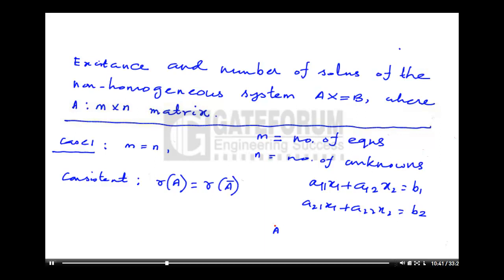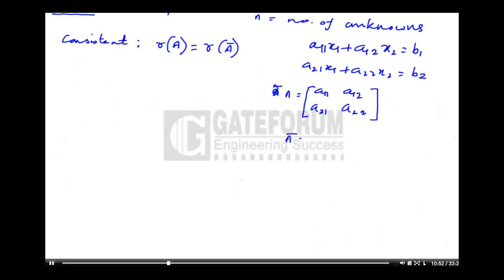Coefficient matrix A is written as A11, A12, A21 and A22, whereas the augmented matrix is written as A11, A12, B1, A21, A22, B2. Now, in any case, a system is consistent if and only if rank of the coefficient matrix is equal to the rank of augmented matrix.